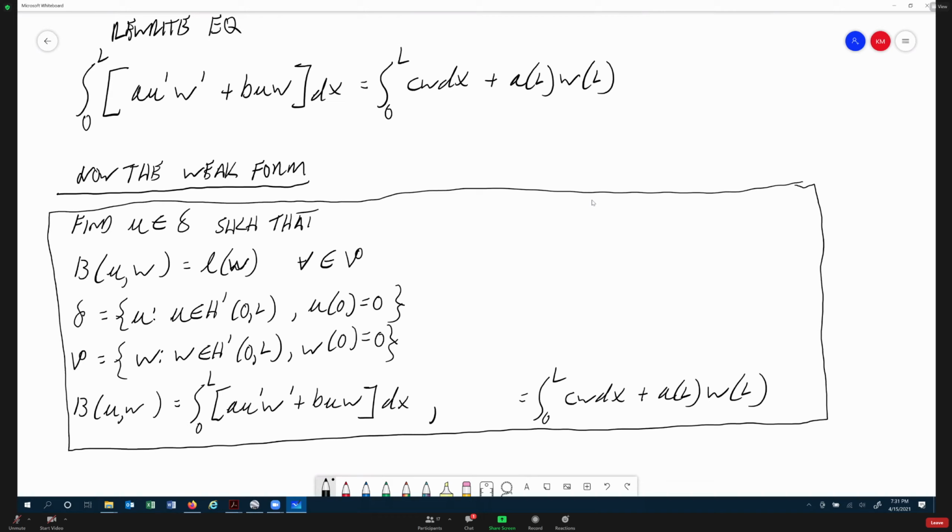So we haven't done anything finite element yet. We are starting with a strong form boundary value problem. So it's in its original domain, and this particular thing happens to be a second order ODE. We can find an exact solution to that ODE, more than likely, by hand, right?